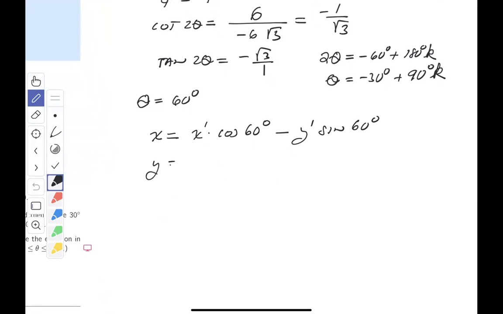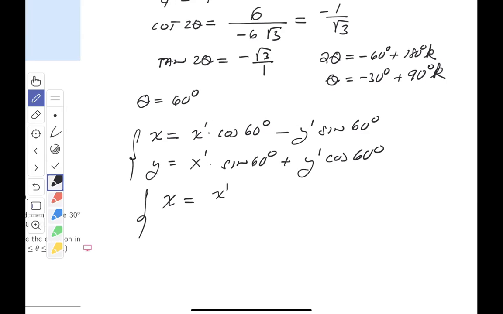And y is going to be x prime times the sine of 60 degrees plus y prime cosine 60 degrees. Well, I have to do this now. I mean, it's work. Cosine of 60 degrees is going to be 1/2, so I get x prime over 2 minus sine of 60 degrees, which is root 3 over 2, so I get root 3 y prime over 2.